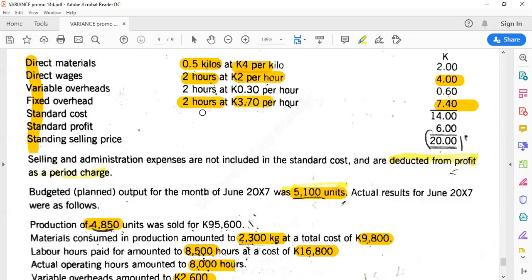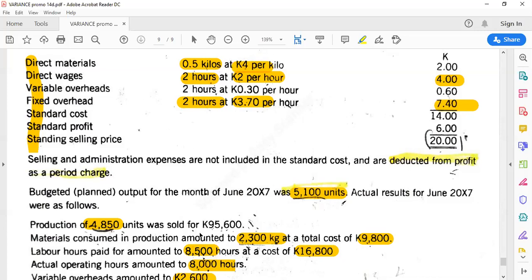If you love wasting time, you can multiply by 2 and then multiply by 3.7, and you'll still get the same answer. So the fixed cost per unit is 7.4. They budgeted to make 5,100 units, so how much should it have cost them?